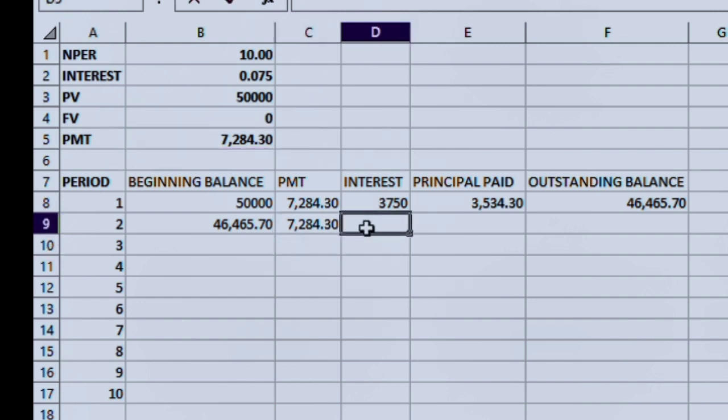Our interest, put equal sign, then click the beginning balance times the interest, then put the dollar sign before B and between B and 2.